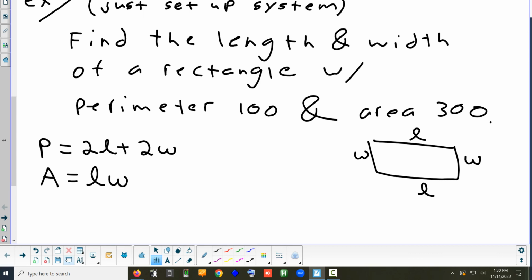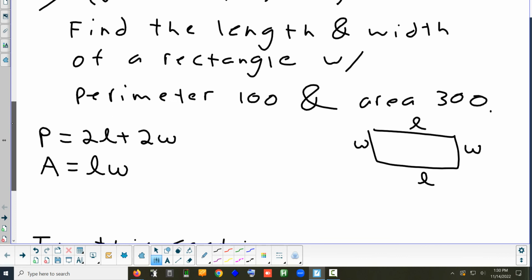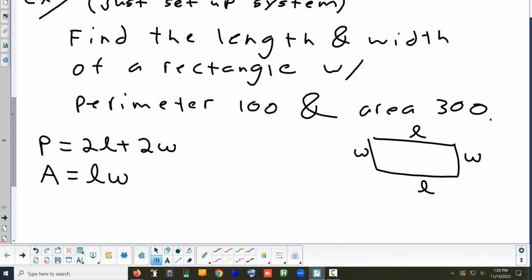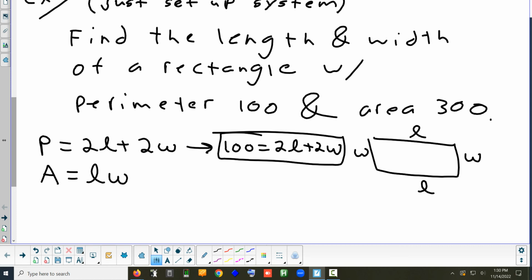All right, let's start with perimeter. Curtis, what's my perimeter here? 100. So this formula is going to turn into 100 equals 2L plus 2W. So there's your first equation. And Tony, what was my area? 300.